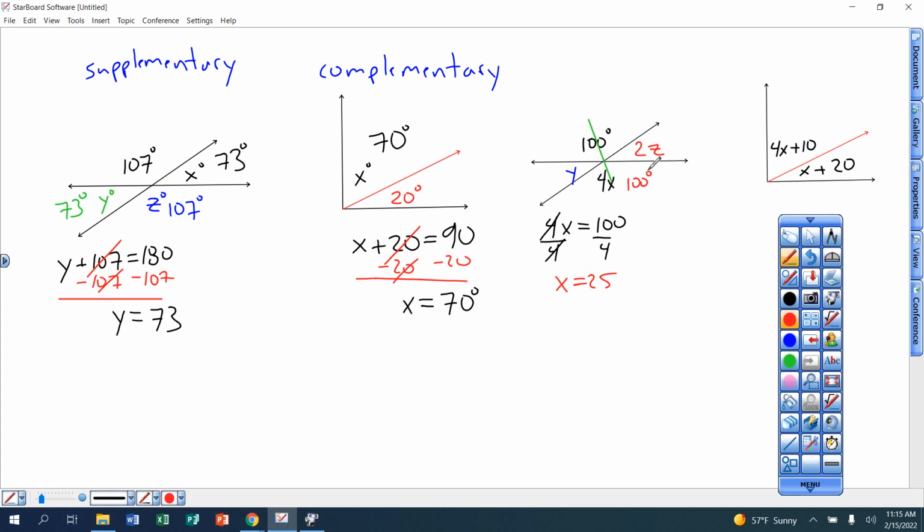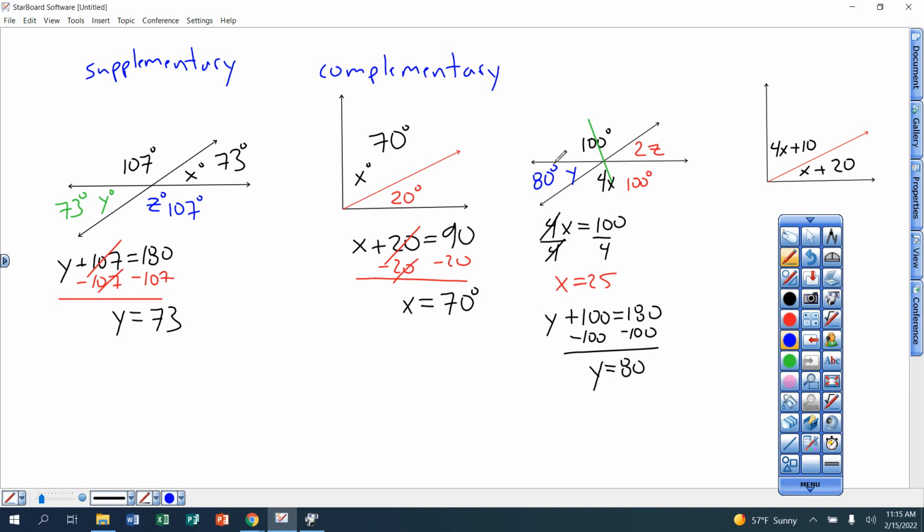And now all I got to do is use that to find the y here. So that y plus 100 equals 180. Take away 100, you'll get that y has to equal 80. So that is the angle of that. It adds up with that 100 to get 180, adds up with this bottom.